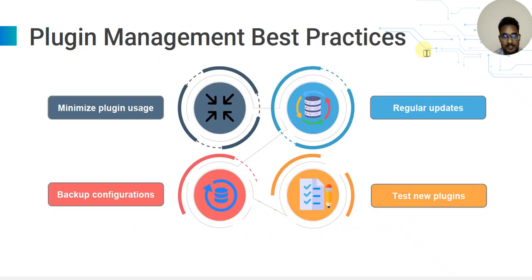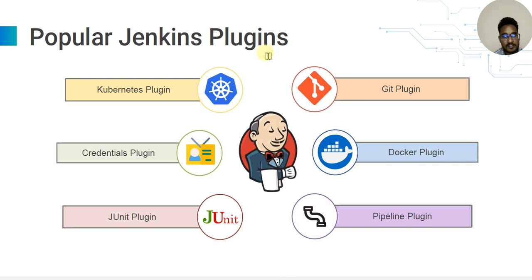Plugin management best practices: minimize plugin usage, update regularly, back up configuration, and test new plugins. Popular Jenkins plugins include Kubernetes, Git, credentials, Docker, and pipeline plugins.